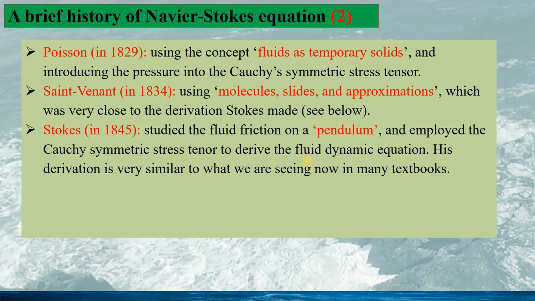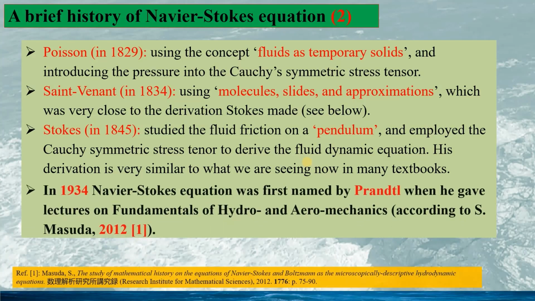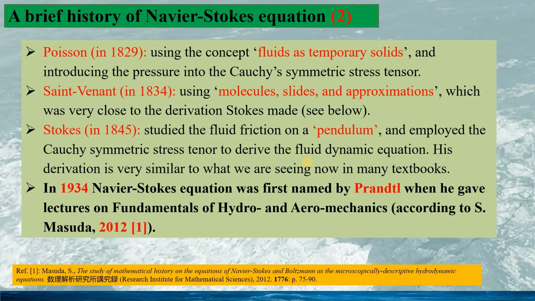His derivation is very similar to what we see today in many textbooks. In 1934, Navier-Stokes equation was first named by Prandtl when he gave lectures on fundamentals of hydro and aero mechanics.